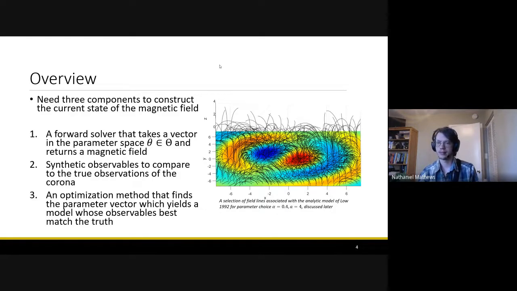Something like Sarah Gibson's forward model does this. And we need an optimization method that computes a cost function of how different those synthetic observables are from true observables in the sun, and searches to find the observables that best match some ground truth or true observation of the sun.